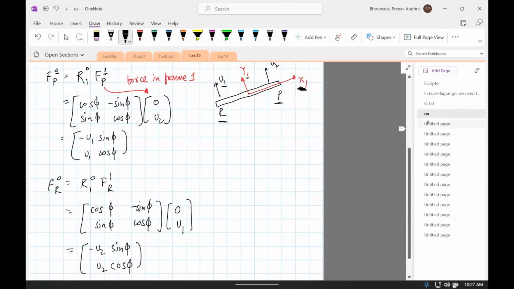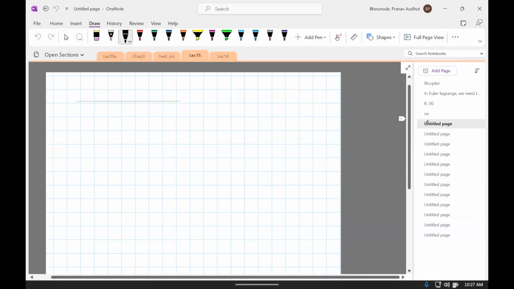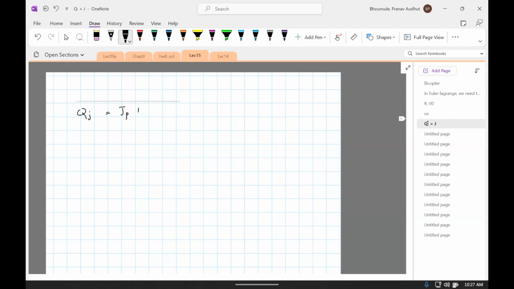Okay, so here is the expression for capital Qj. It's Jp transpose Fp0 plus Jr transpose Fr0. I'm just going to put down all the things we wrote so far.